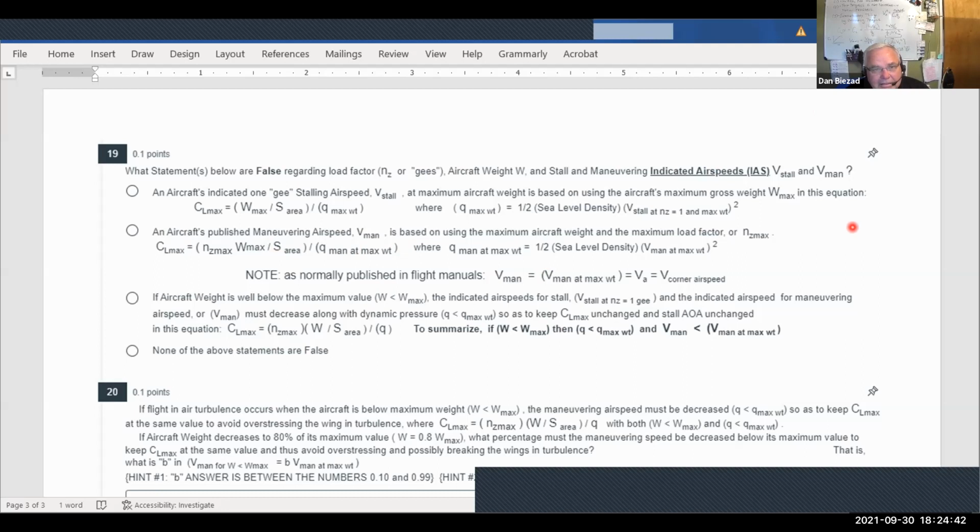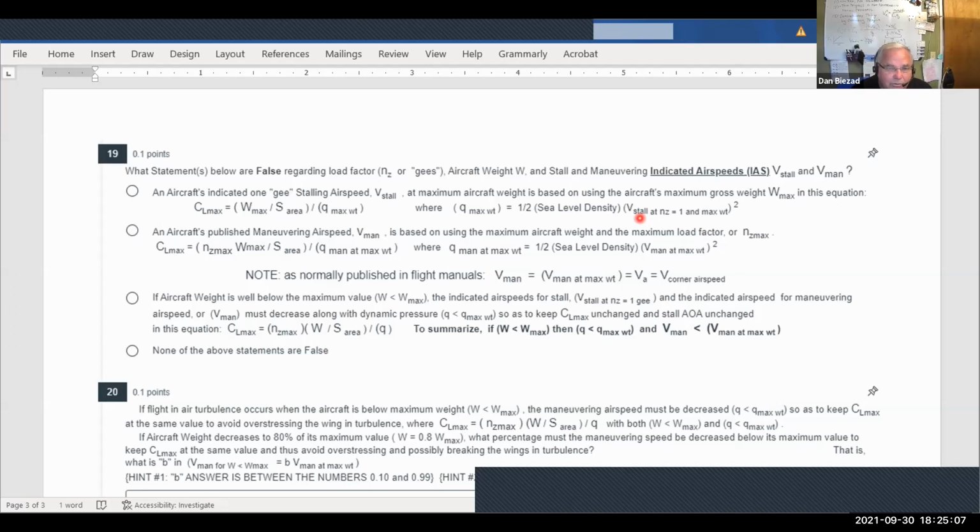But I think the thing is, Samuel, do you see why we picked the maximum weight? We picked the maximum weight for the 1G stall speed because normally you're not going to be at the maximum weight. You'll be at a lesser weight. And if you're at a lesser weight, then your stall speed will be lower. So if you think your stall speed is higher, you'll avoid going below it. You see what I'm saying?